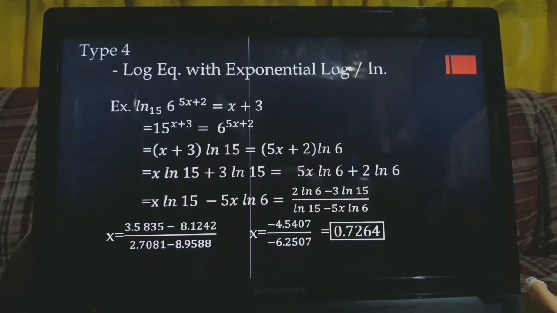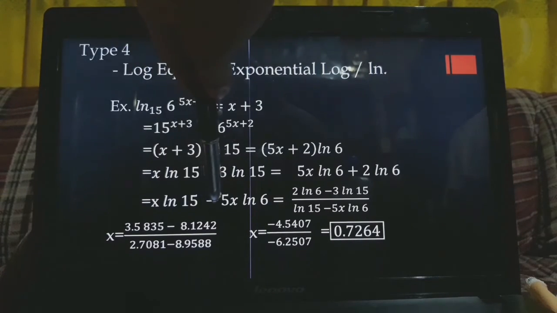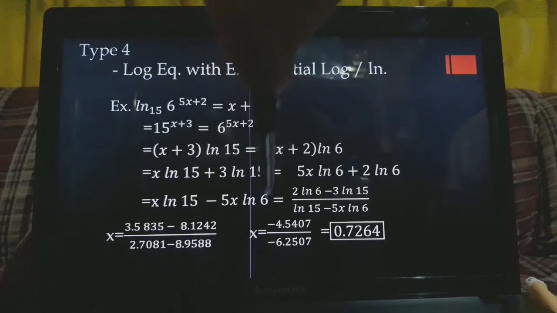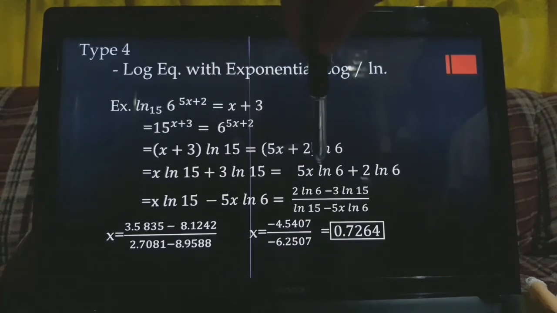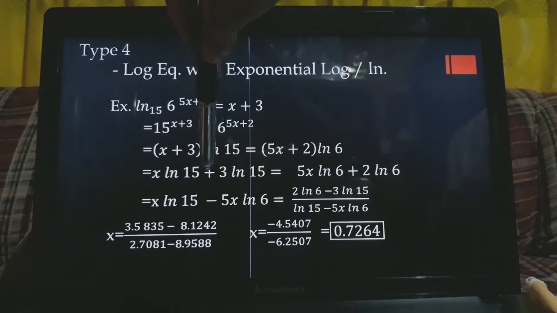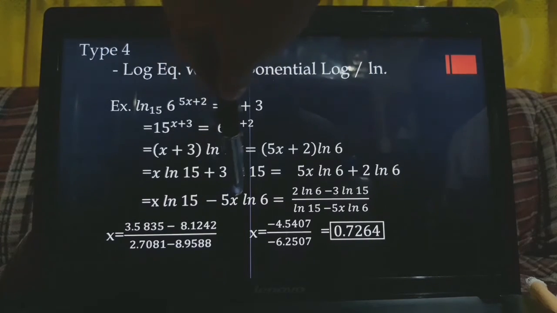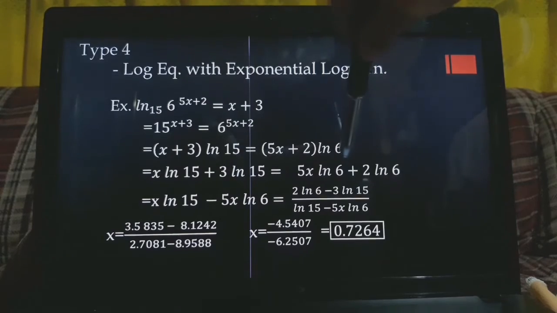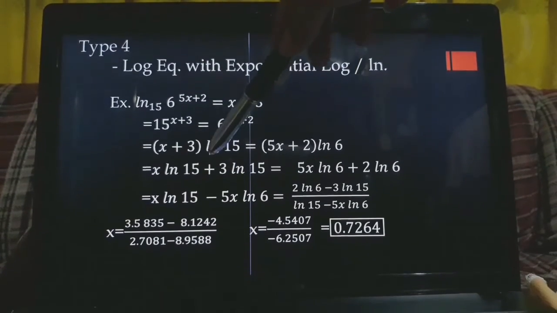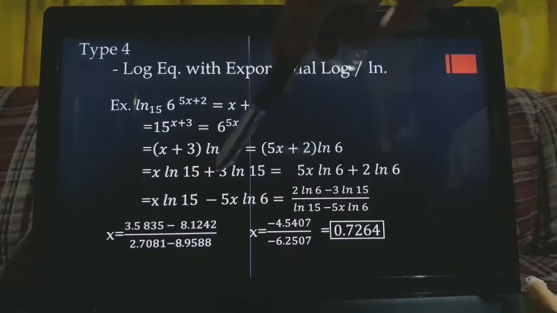And then divide both sides into natural log of 15 minus 5x natural log of 6. This one you transpose because they have the same variable, so positive it will become negative, and then this one you transpose and then it becomes negative.